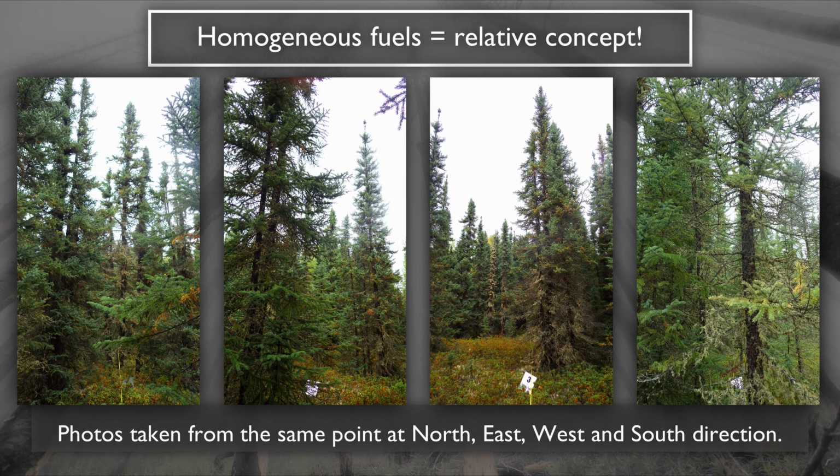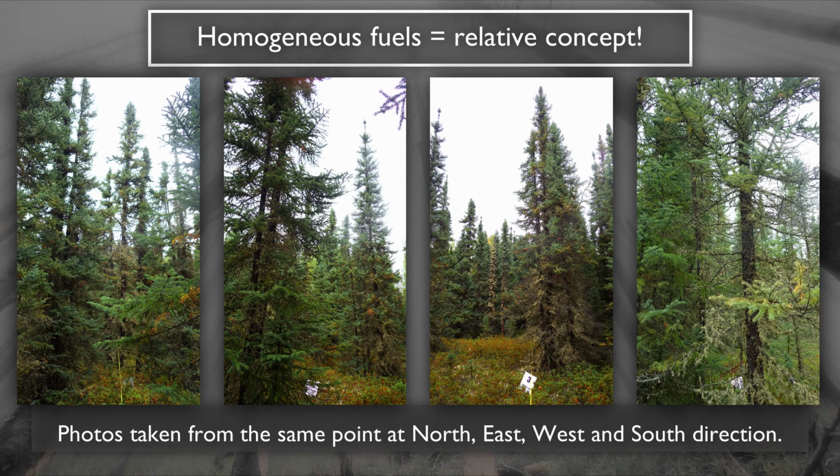Moving to spatial scale considerations, at a plot level, the photos in this slide show a black spruce stand sampled by the Alberta Wildland Fuel Inventory Program. The plot radius is 11 meters, and you can see that there are some openings and dense canopy within the plot.